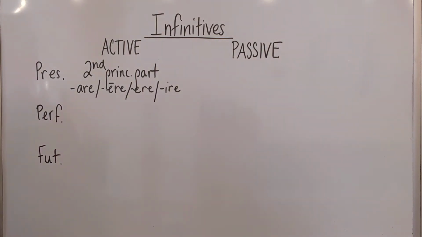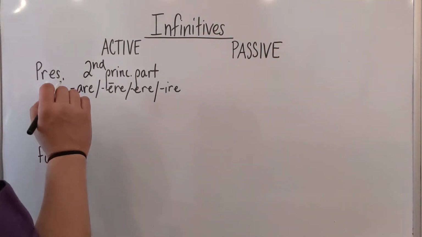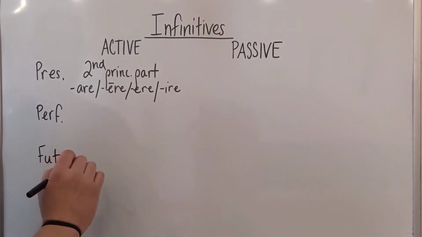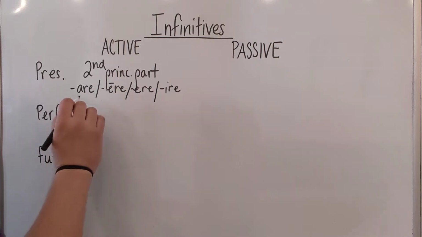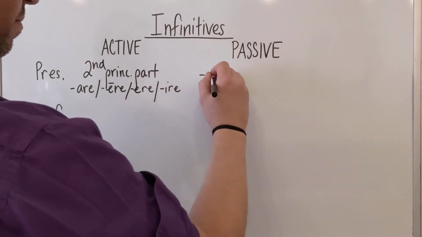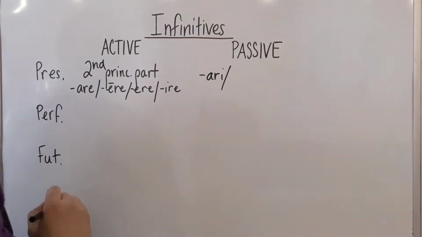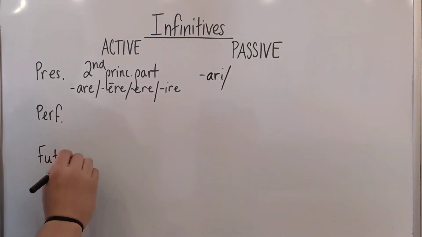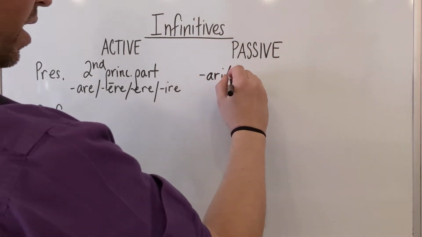For the passive, take that present active infinitive and alter it slightly. For the first conjugation, change that final e to an i. Same thing for the second conjugation, change the final e to an i.